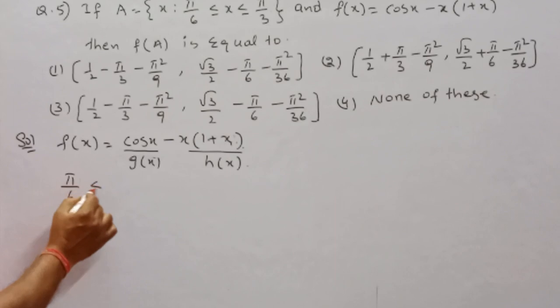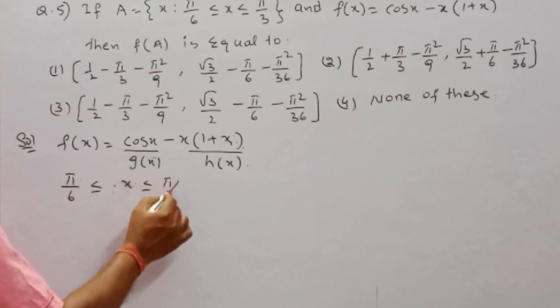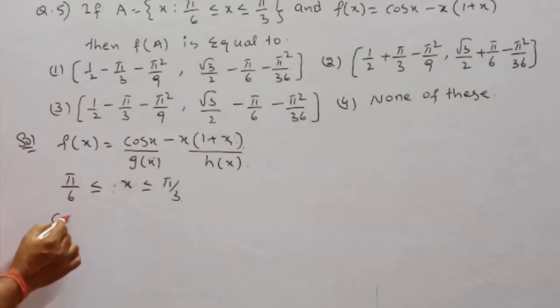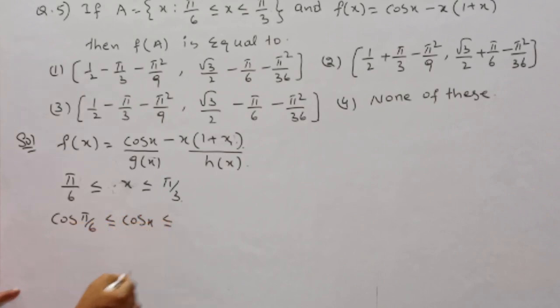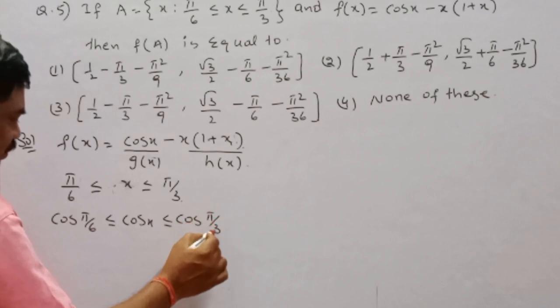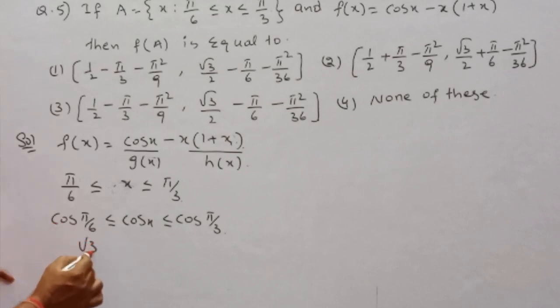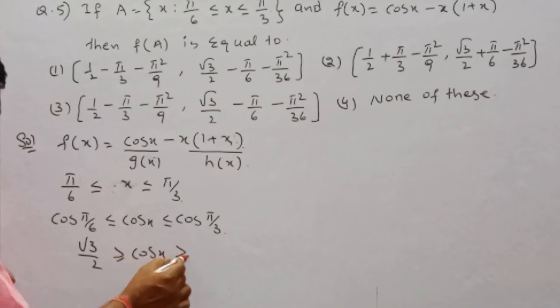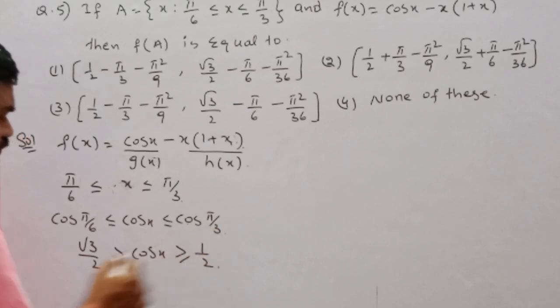What is here? Pi by 6 less than or equal to x less than or equal to pi by 3. Then cos pi by 6 is greater than or equal to cos x, greater than or equal to cos pi by 3. Cos pi by 6 value is root 3 by 2, and cos pi by 3 value is 1 by 2.